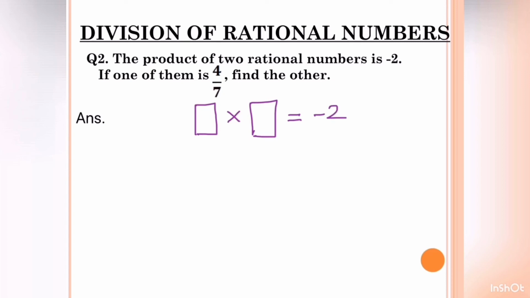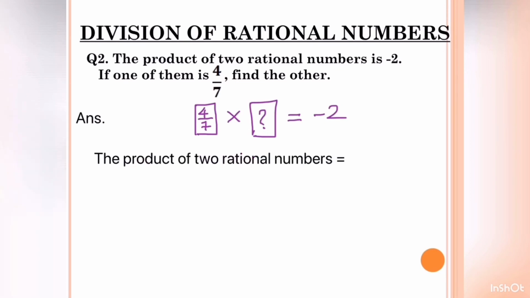If one of the rational numbers is 4 by 7, we need to find the other rational number. First, let's write what is given. The product of two rational numbers is equal to minus 2. And one of the numbers is equal to 4 by 7.